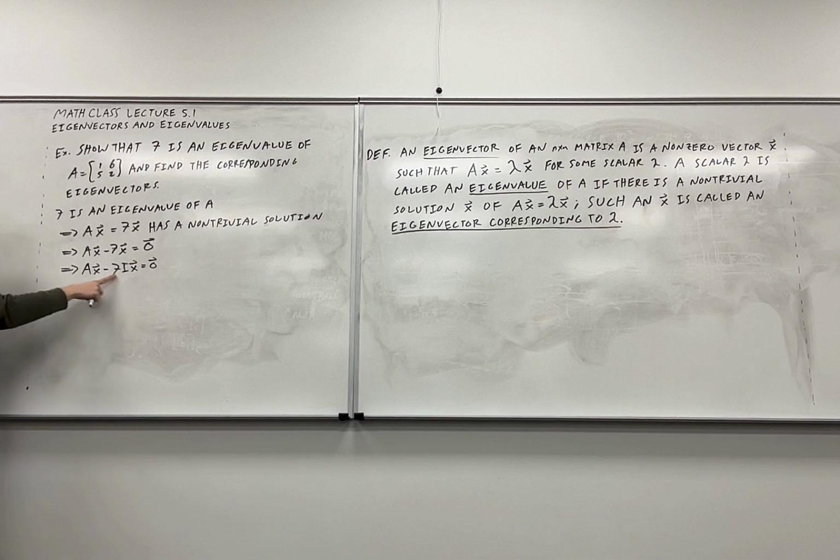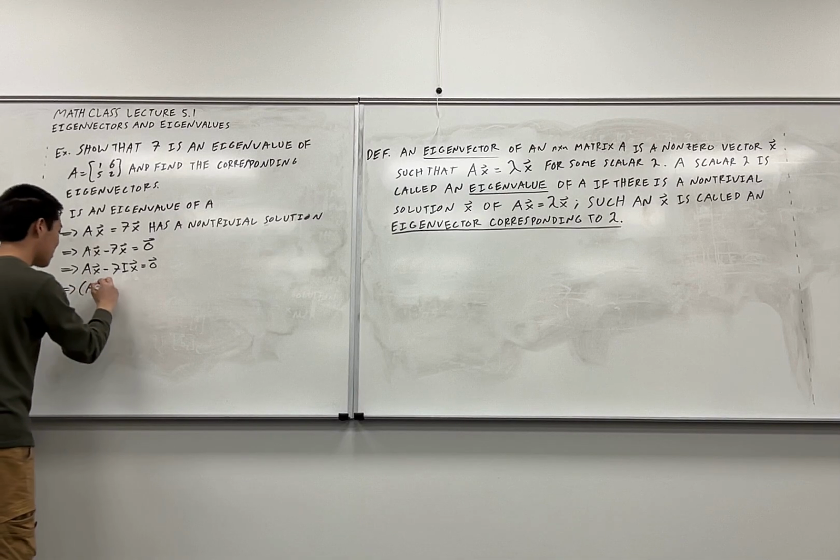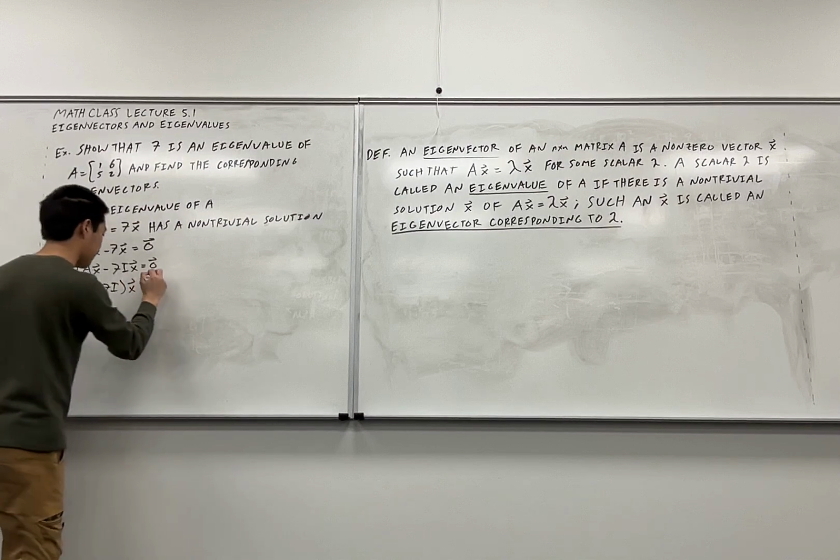Can I treat those as the same type of object? No. But what does introducing I do here to a matrix? Does I change the actual value of the x? No. So this is the little trick here, to convert my scalar representation to a matrix, to treat it and factor it. So now I can actually factor out A minus 7I, and then have the x on the outside.